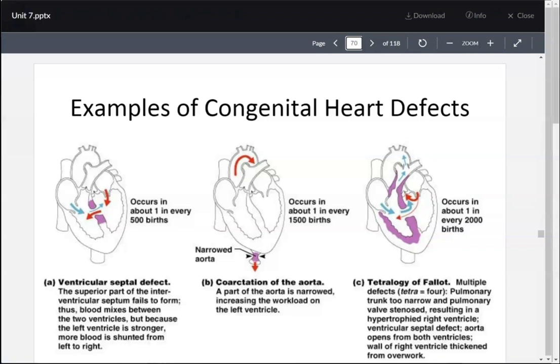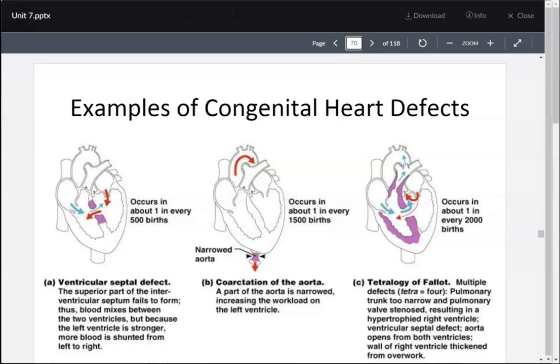And we're going to have oxygenated and deoxygenated blood mixing at a ratio that's going to cause problems for getting oxygen to the body. Because remember, the goal is to get oxygen to the cells so they can use it. This is about a 1 in 500 occurrence, 1 in 500 births.